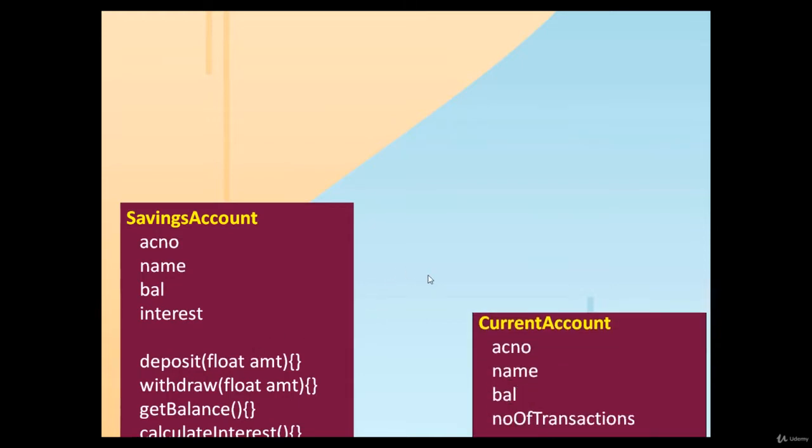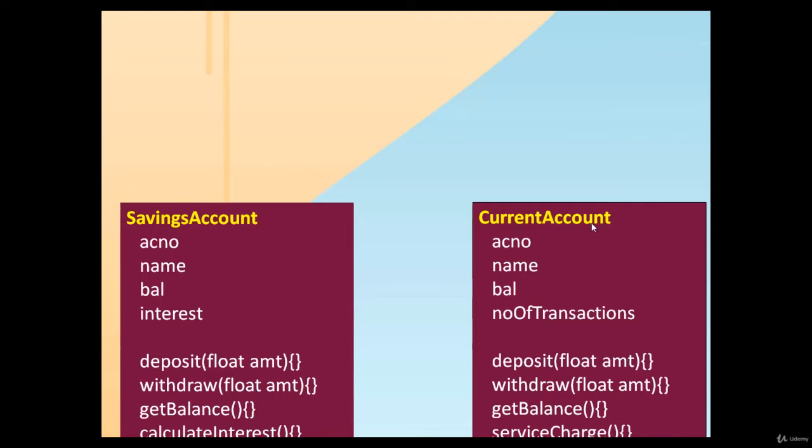These are the functionalities of a savings account. The other type of account in a bank is the current account. It has account number, name, and balance. In a financial year, only a limited number of transactions are allowed, for example 12. If more than 12 transactions happen, the bank charges a service charge.